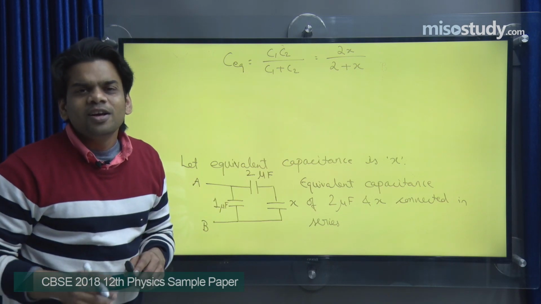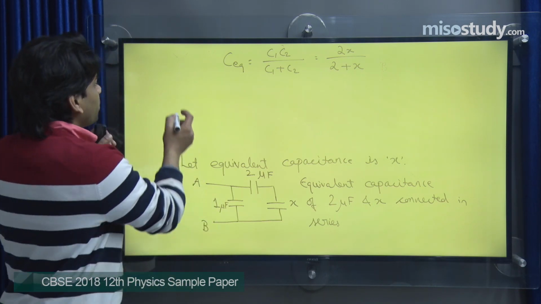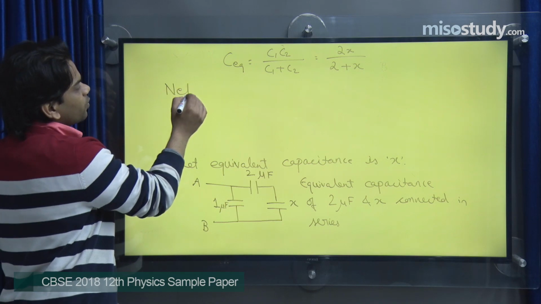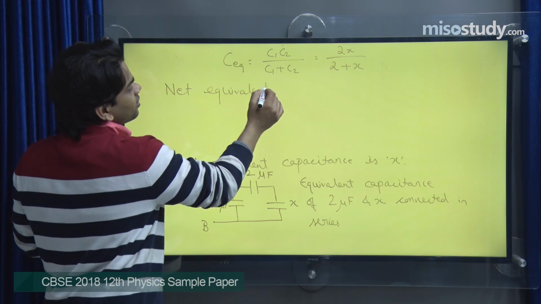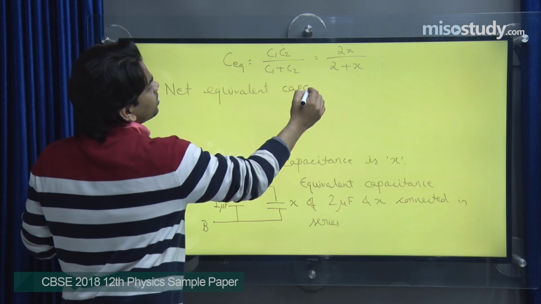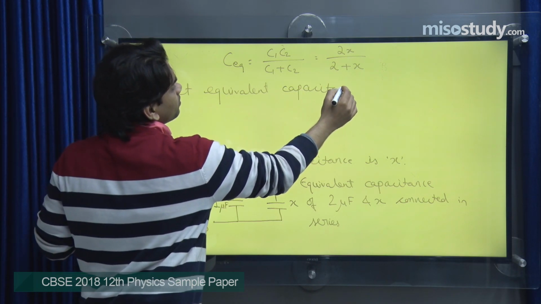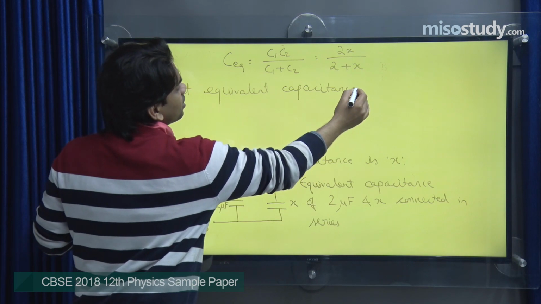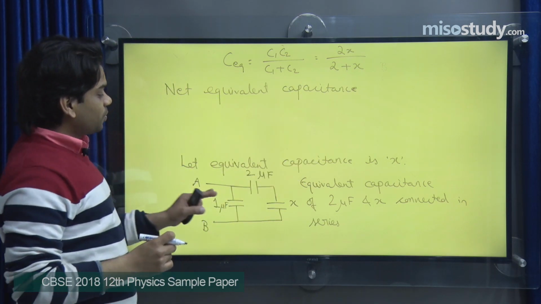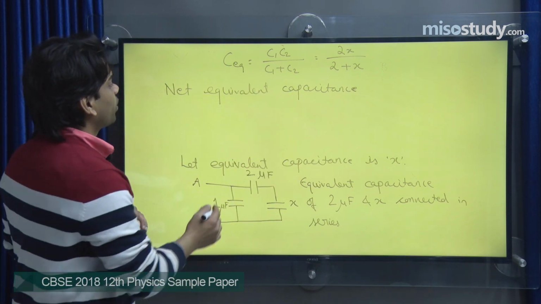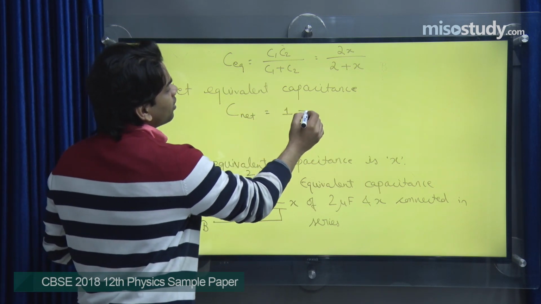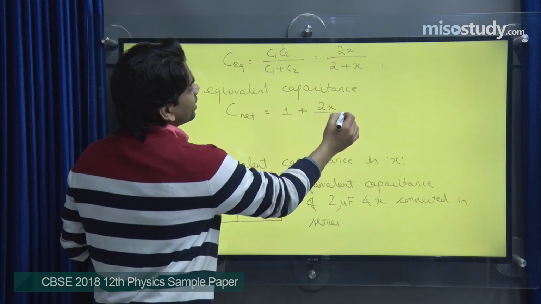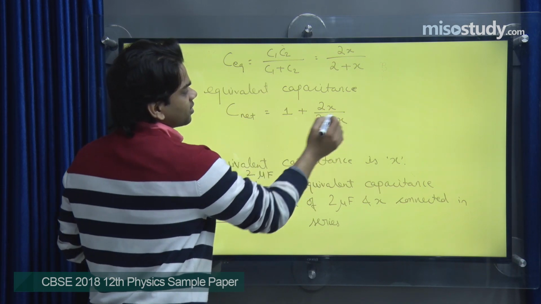So the net equivalent capacitance, you can directly add, is simply this added to 1 microfarad. So C net will be 1 plus 2X upon 2 plus X.